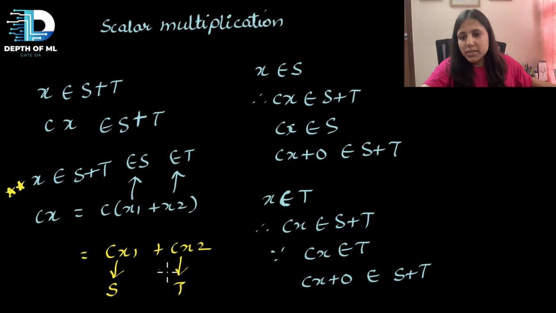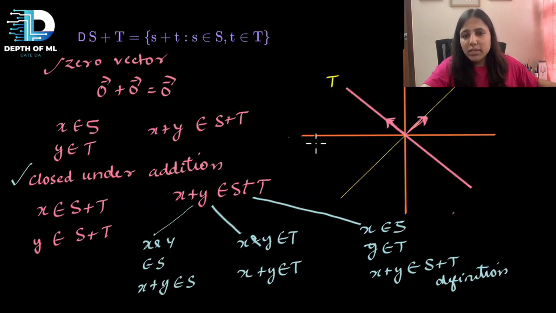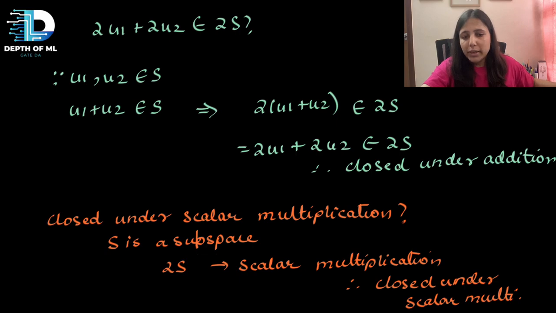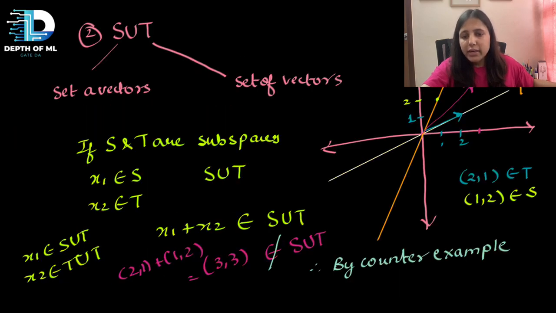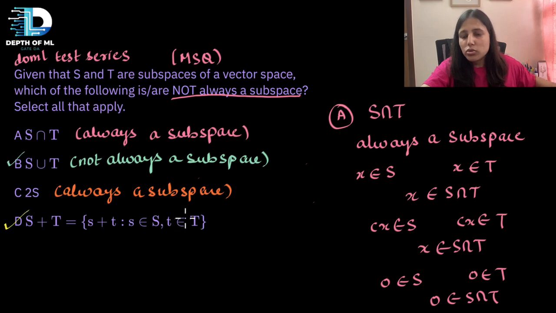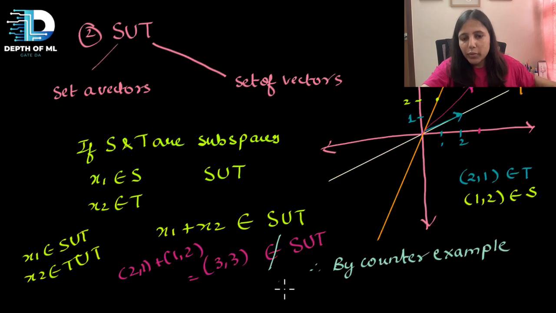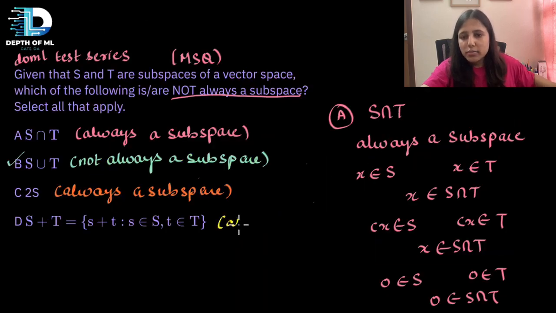So if they are present in S and T individually, that implies they'll be present in S plus T. Hence this is also closed under multiplication, and hence it's a valid vector subspace. So this is always a subspace, so this is not the option that we are going to tick.